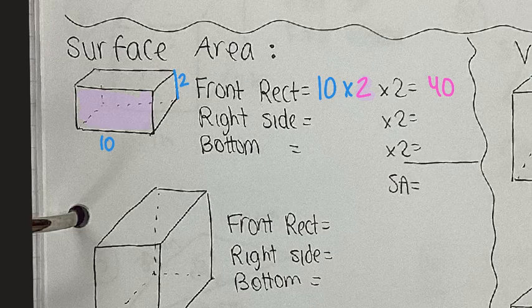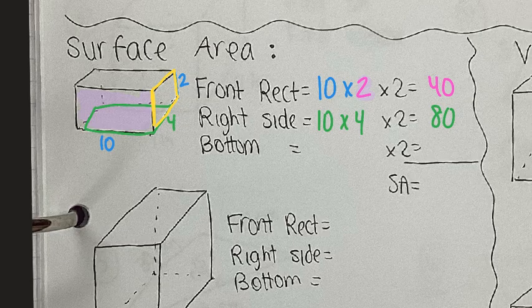Okay, let's do the bottom. I'm going to outline the bottom of the box. The bottom has a 10 and something else. So I'm going to need a number right here, or I could have the number over there, but I need length and width of this rectangle. So we're going to call that one a 4. 10 times 4 is 40. 40 doubled is 80. Okay, now I need the side. The side is a rectangle.